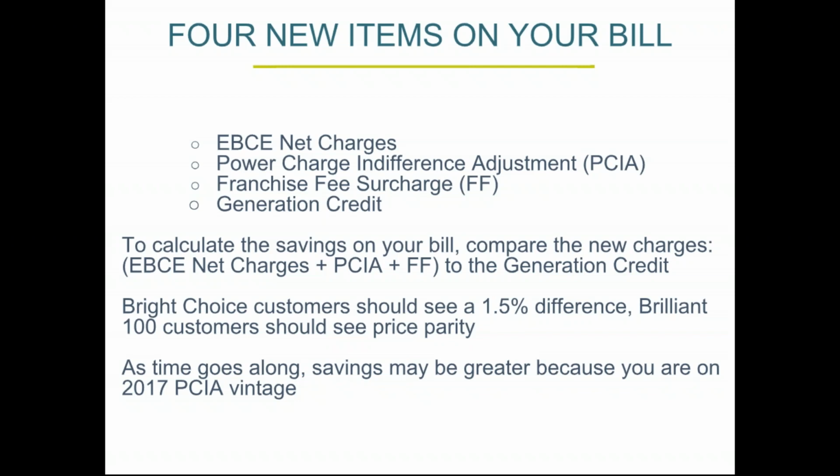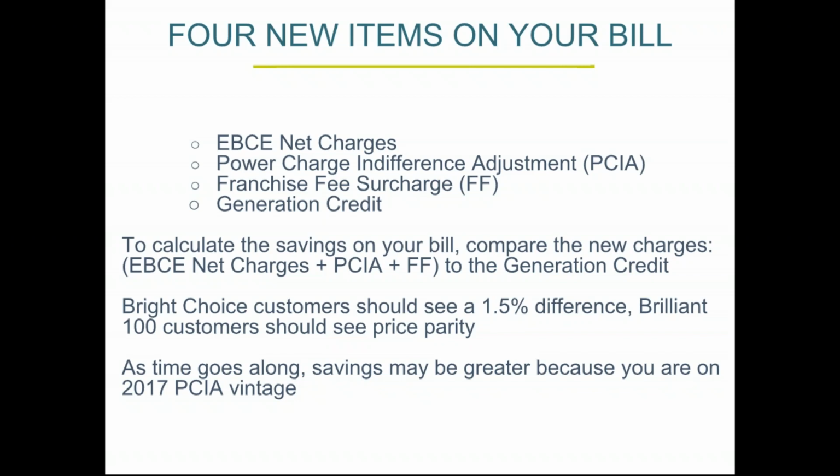And as time goes on, this is a little footnote, since our commercial customers were part of the June enrollment, June is in the vintage year 2017 for the PCIA, and that's a vintaged fee. So what will likely happen over time is that if you're on Bright Choice, you'll start to see probably a slightly greater than 1.5% discount.